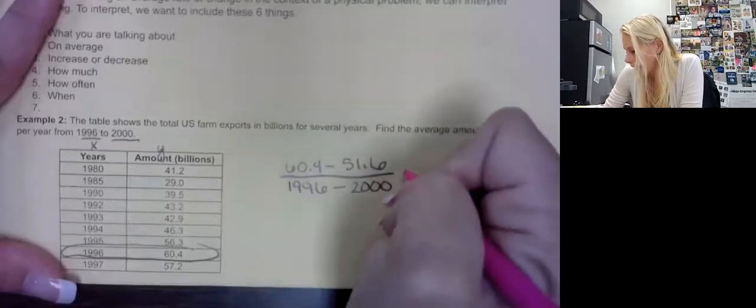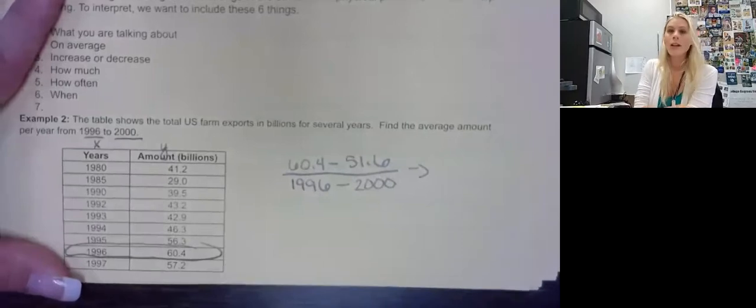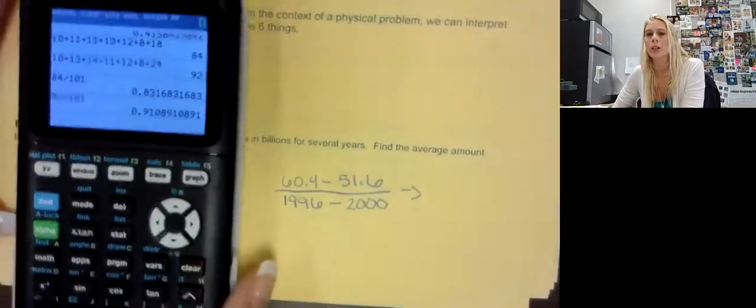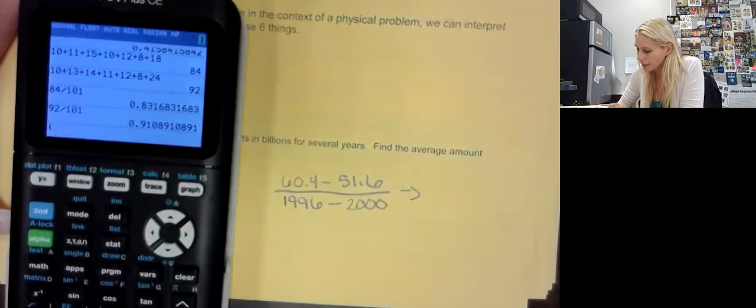Okay, so this is our average rate. So let's actually put that together now. In this case, I might use my calculator because I want to make sure that I'm not having a decimal within a fraction. I want that simplified. So I'm going to do parentheses 60.4 minus 51.6, close parentheses, divided by parentheses 1996 minus 2000.